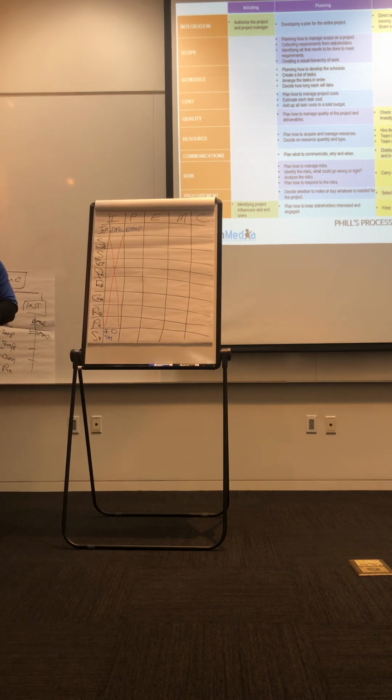Everything you plan resides in a big old plan called the project management plan. Now, I'm not talking about Microsoft Project. I'm talking about a plan that has your project schedule in it, it has your scope in it, it has your cost, it has your quality plans, it has your resource plans. It has communication plans, stakeholder plans, risk plans, everything. It's called a project management plan.